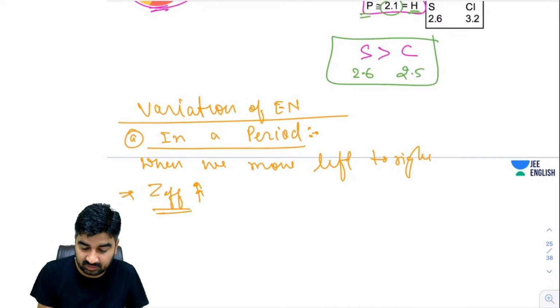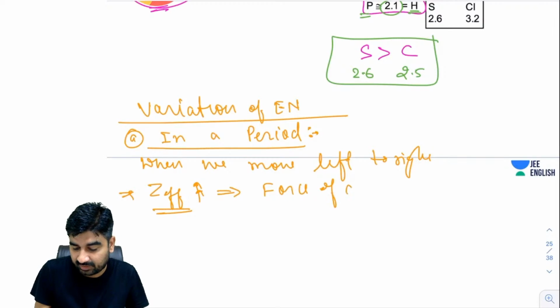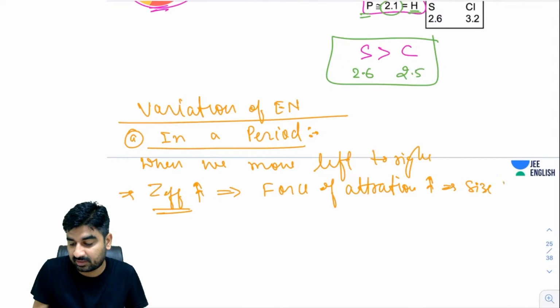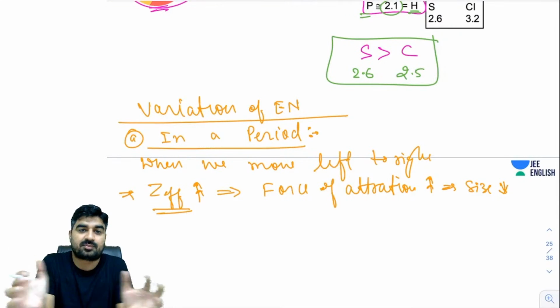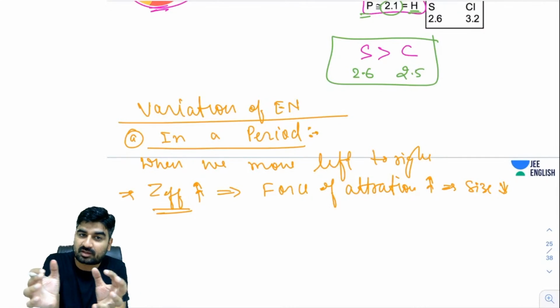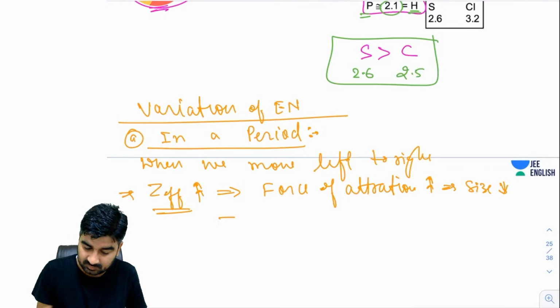Z effective will increase, and if Z effective increases, it means force of attraction will increase, and if force of attraction increases, it means size will decrease, and if size decreases, there will be more attraction because electrons are coming close to it. This means electronegativity increases.